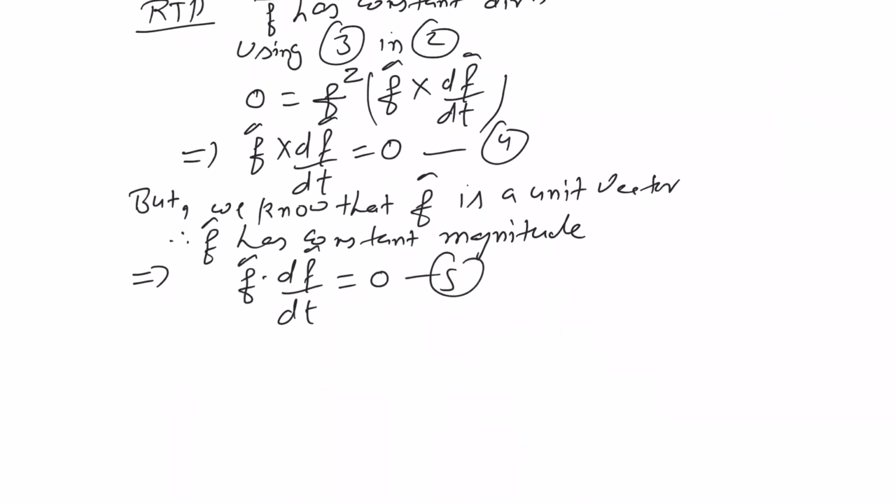Look at equation number 4 and 5. The beauty of these equations is that this vector is exhibiting the property that its cross product with this is 0. Until here it is fine, but again its dot product with this vector is also 0. So how is this possible? One implies that two vectors are perpendicular, the other implies that two vectors are parallel.